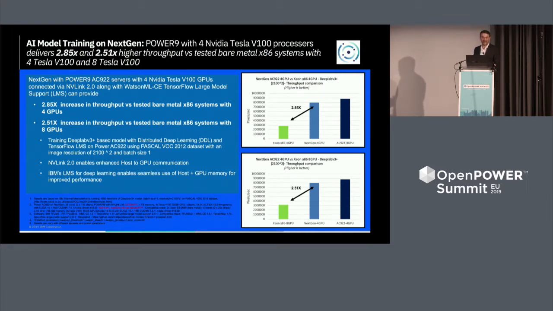They come with NVLink 2.0, so our GPUs are going to have very fast host to GPU communication with that technology. And the large model support for deep learning enables the seamless use of host and GPU memory for improved performance.